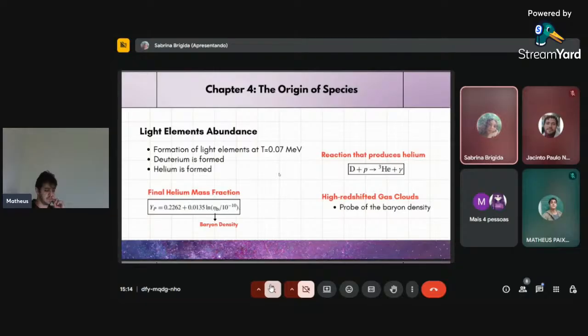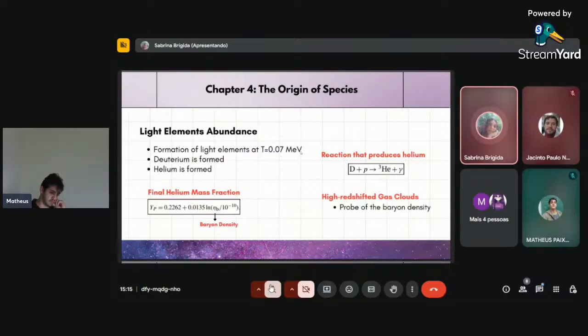Okay. Another topic in this chapter is the light element abundance. The light elements will be produced almost instantaneously at a temperature of 0.07 MeV.